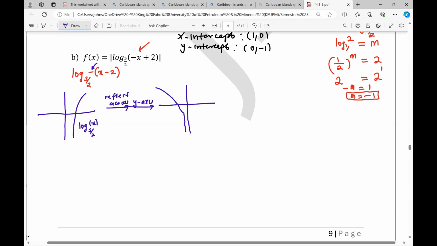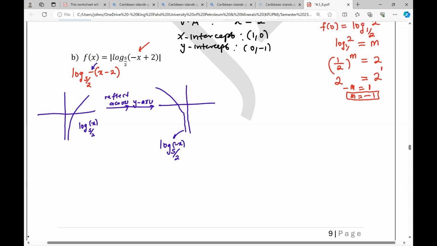It's going to be the same width as this one. So what is this one? This is log to base 5 over 2 of minus x. Then now we can shift everything 2 units to the right. So we have a horizontal translation 2 units right. So with that, we will have something like this.